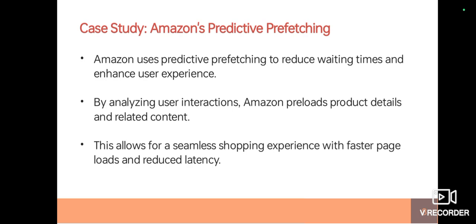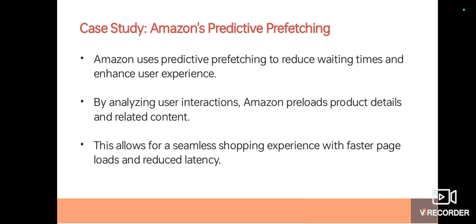Next, case study. Let's overview the case study and understand it better. Amazon's predictive prefetching. Amazon uses predictive prefetching to reduce waiting times and enhance user experience. Amazon is one of the most popular companies, a delivery company.